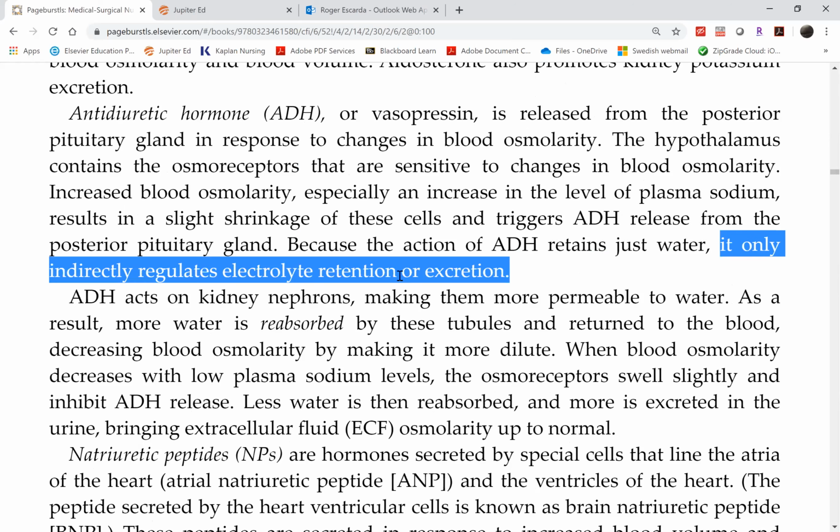So that's why it says here it indirectly regulates electrolytes, because if you have antidiuretic hormone release and your kidneys retain water, what happens to your blood volume? It increases. What happens to the concentration of your blood? Is it concentrated or diluted?